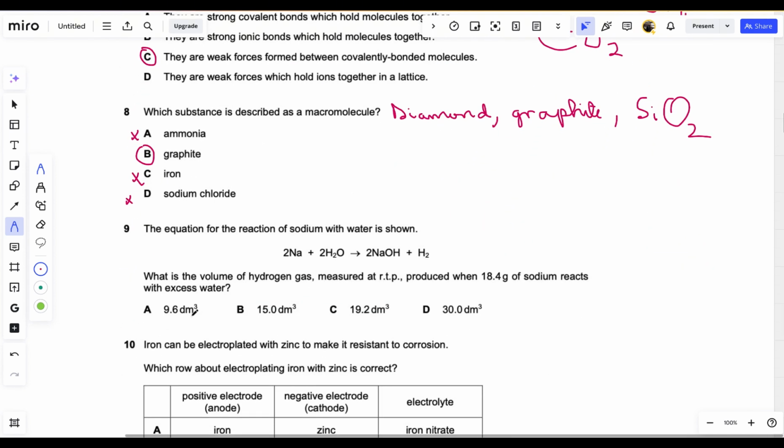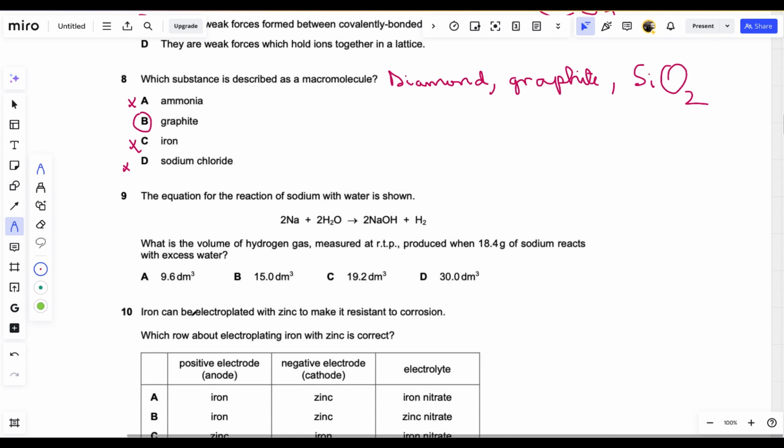Now let's move to the next question, question 9. The equation for the reaction of sodium with water is shown. Sodium reacts with water, you get sodium hydroxide and hydrogen gas, right? When you dissolve sodium in water, you get sodium hydroxide, which is an alkali, and hydrogen gas.